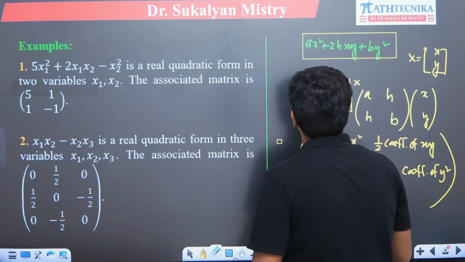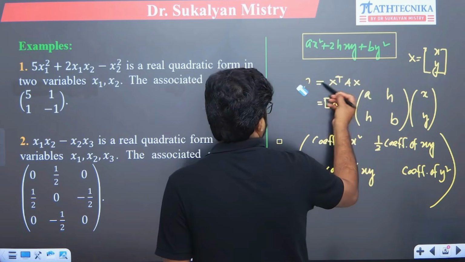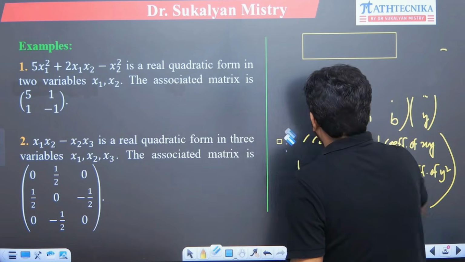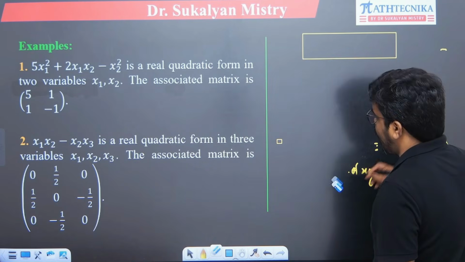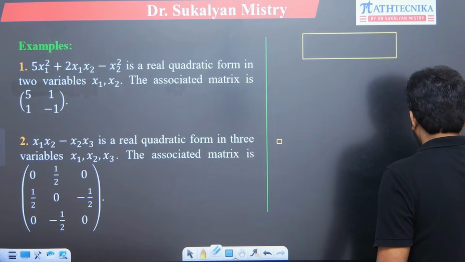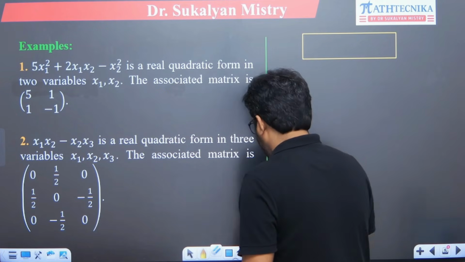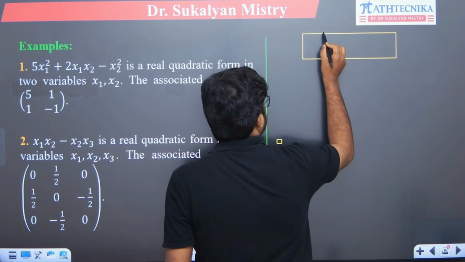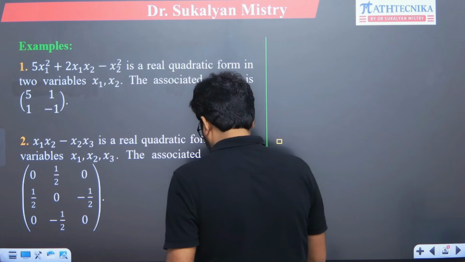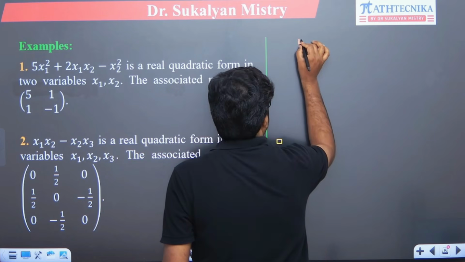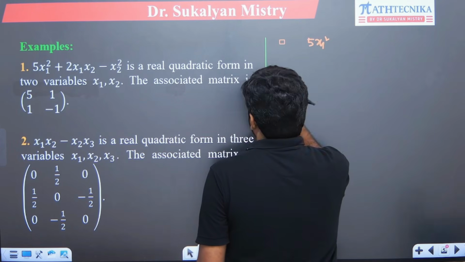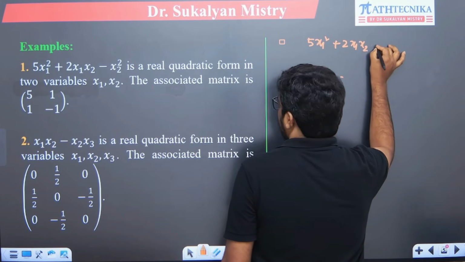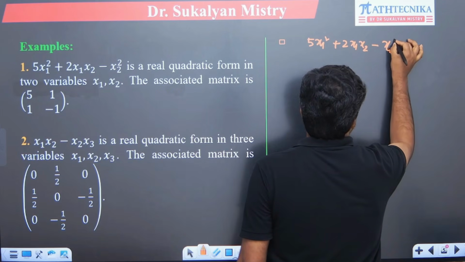I think up to this it is clear, right? So let us consider an example. Suppose we have a real quadratic form, 5x1 square plus 2x1 x2 minus x2 square.